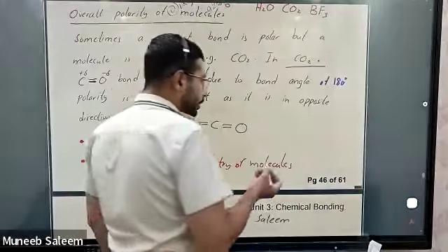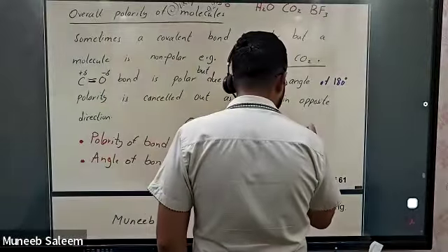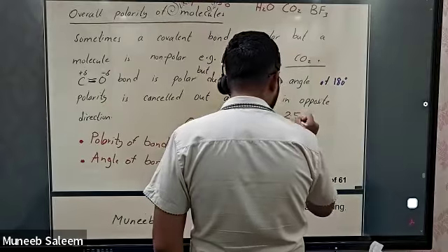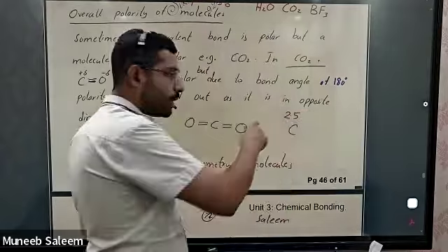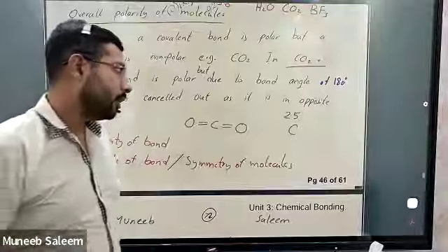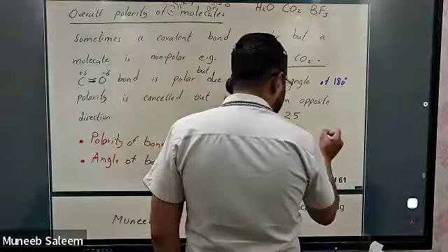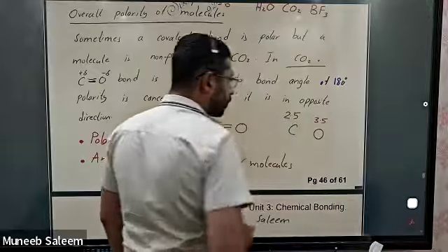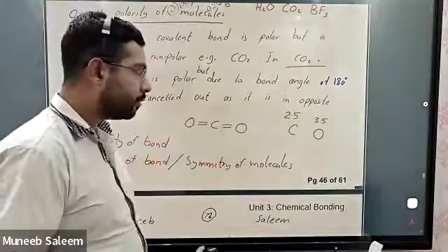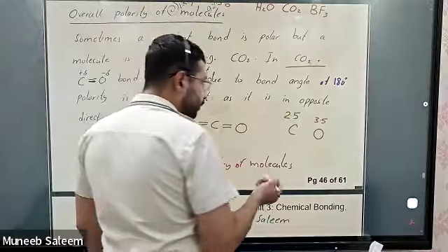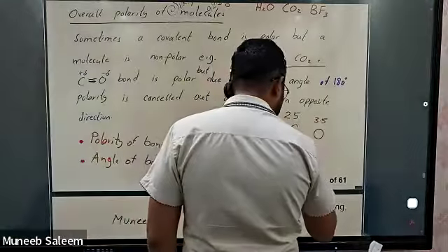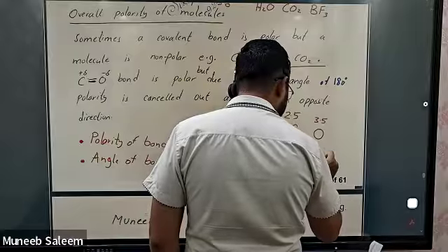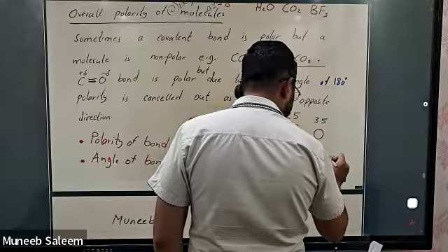If you look at the values of the electronegativity in the data section, you could remember that carbon's value is 2.5. This is the electronegativity value of the carbon. And that of the oxygen value is 3.5. So if you take the difference of these two, the difference of electronegativity will come out to be 1.0.